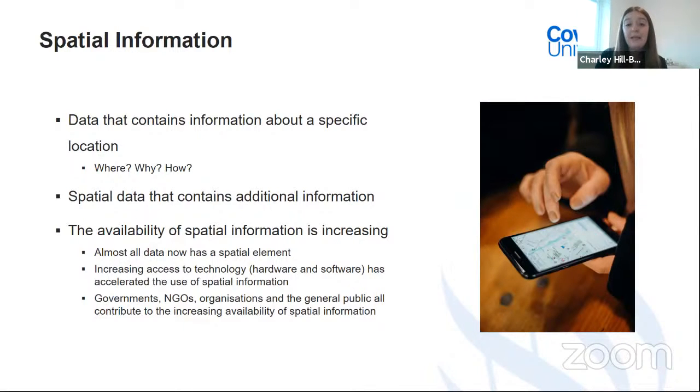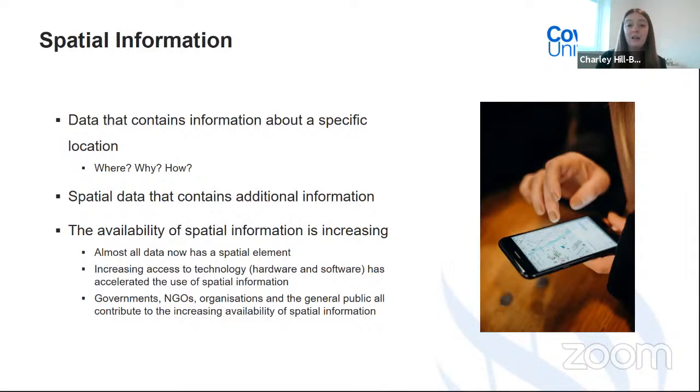And what's happening with increasing technologies, with increasing availability of information, with us being connected to our world much more easily through the internet and through information, is that the availability of spatial information is increasing. Most data, or almost all of the data that we're using now, has some kind of spatial element to it.